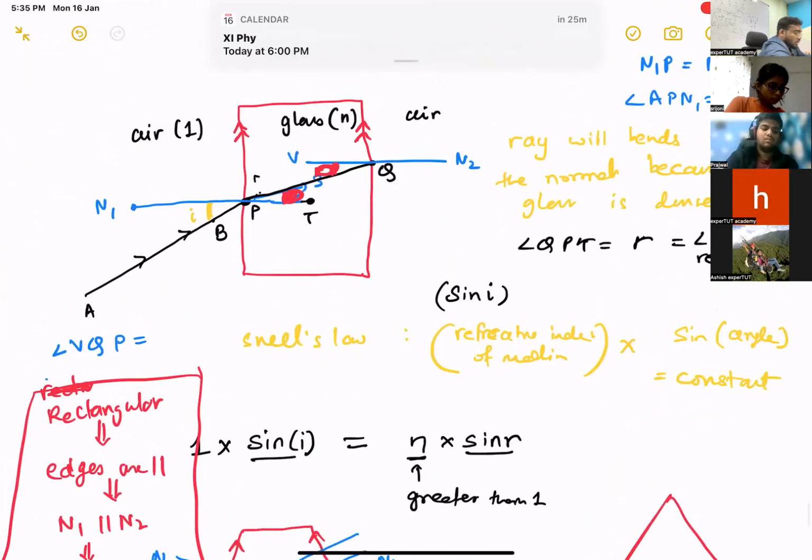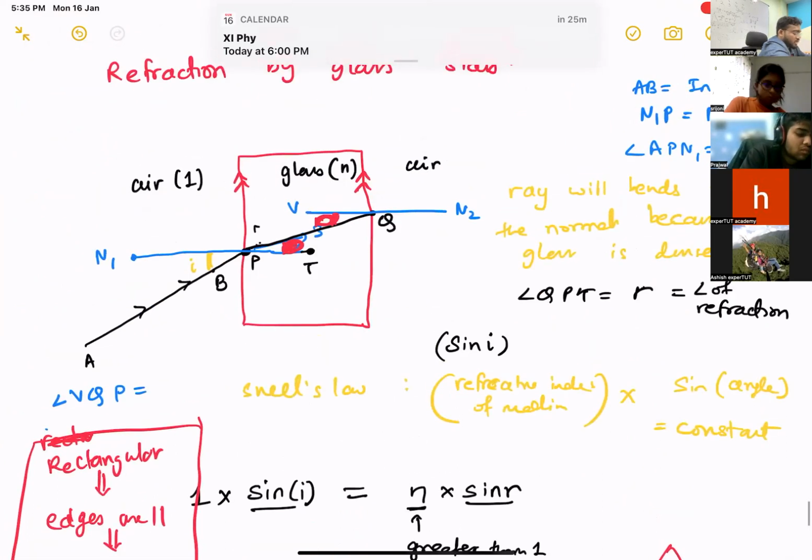ये जो डायग्राम है ना अपना, ये लाइट रे जा रही है AB, फिर PQ. AB पे एंगल कितना है, इंसिडेंट एंगल कितना है? I. फर्स्ट इंटरफेस पे इंसिडेंट एंगल I, और रिफ्रैक्शन एंगल R. फिर सेकंड में ग्लास से एयर जा रही है, ठीक है, तो अंदर आ रहा है R तो बाहर कितना होगा?